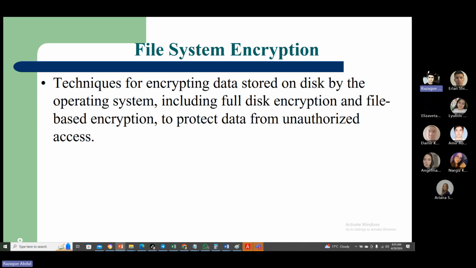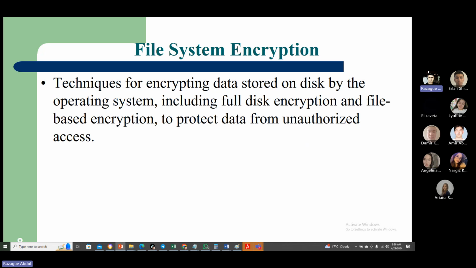Full disk encryption is one of the most comprehensive approaches to securing data at rest. Full disk encryption works by automatically encrypting every bit of data that goes onto the disk and decrypting it as it's read back to the system.